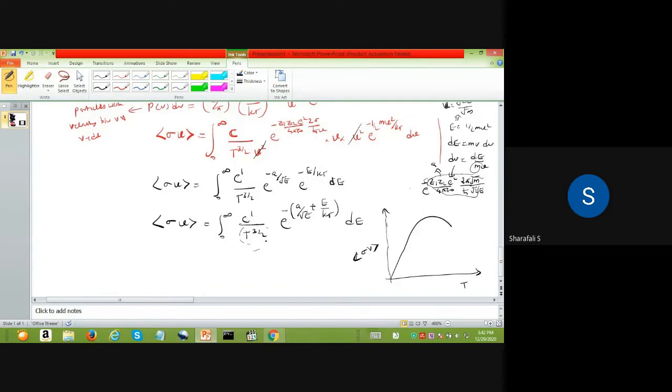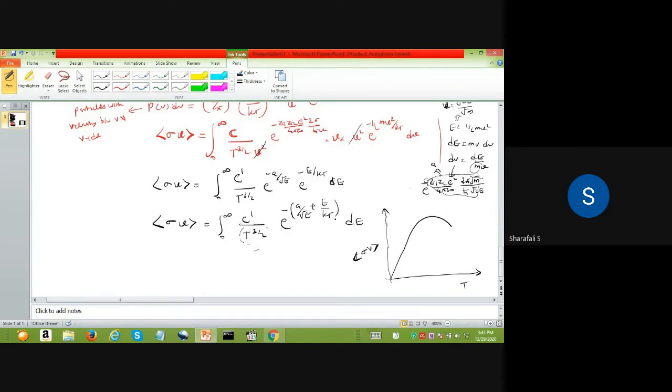And when your T becomes larger and larger, after some limit, both these terms, T raised to 3 by 2 as well as e raised to minus E by kT, will affect for different values of T. So initially it will be increasing. Then when it reaches some value, this T raised to 3 by 2 is going to act in the opposite way, because you have e raised to minus E by kT here.